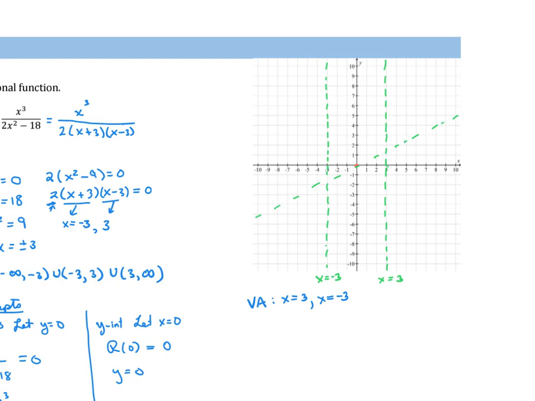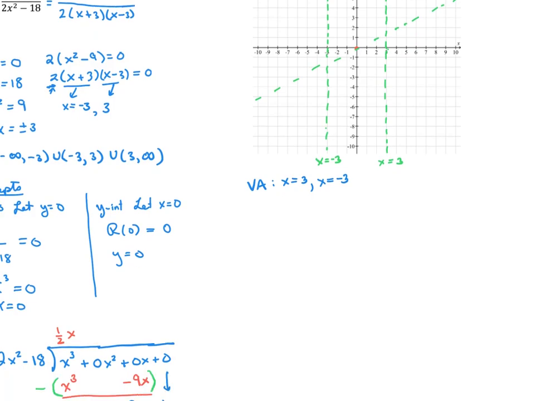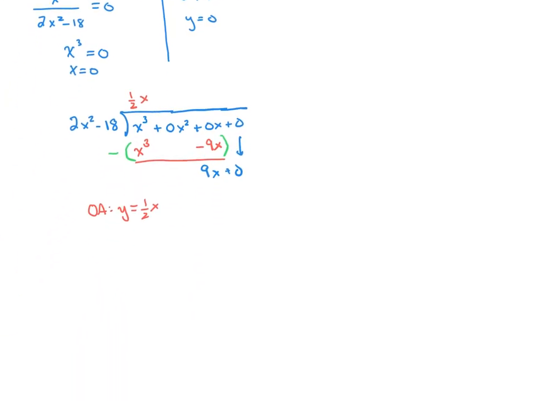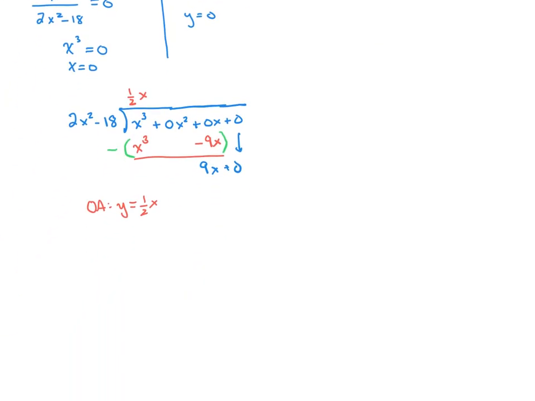Now we need to determine, are there any points where our graph intersects our oblique asymptote. So to determine that, we take our function, which was x cubed over 2x squared minus 18.